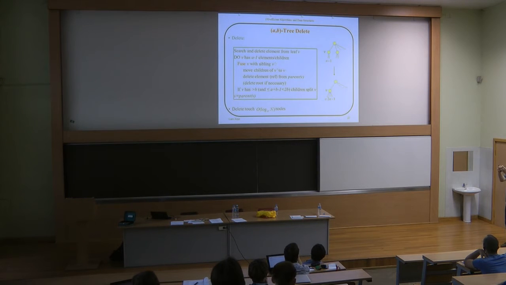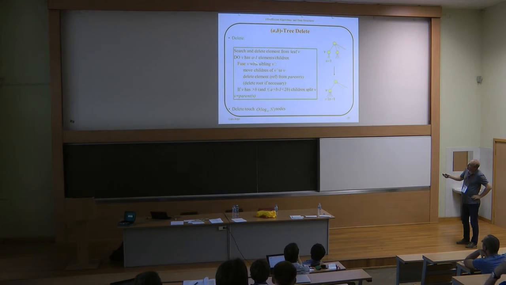That might be A minus 1 now, so I might need to merge him with somebody, and it continues. So let's do that in more detail. I'm searching for a leaf, and then as long as I'm in trouble, I do what we call a fuse. So here's a node with A minus 1 children. What do I do? I take its sibling, and I merge them into 1 new node.